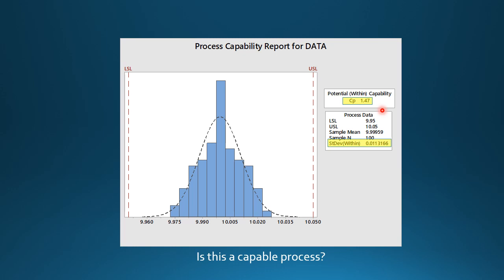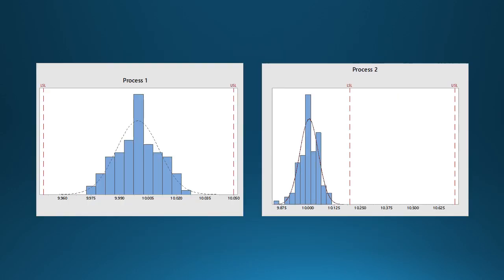So is the process capable of meeting specifications? This graph itself indicates that this is a capable process. Very few, if any, part diameters will be manufactured out of specification. When a process is capable, the tolerance is greater than the process spread. That is, CPK is greater than 1.33.